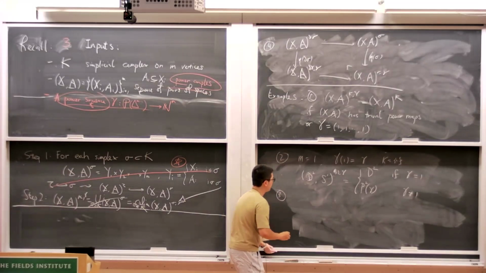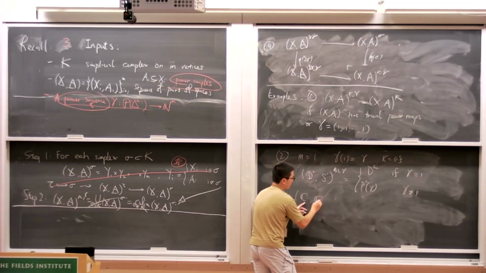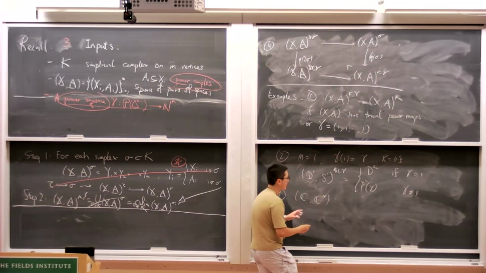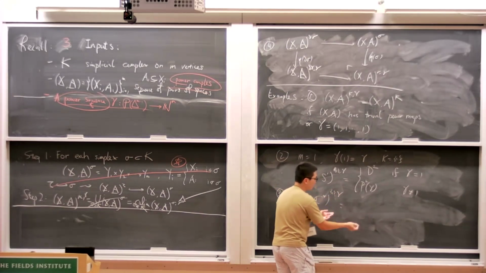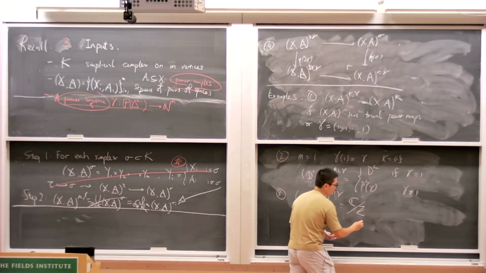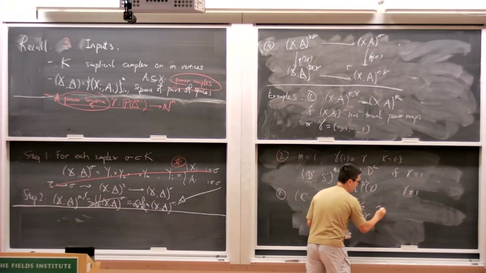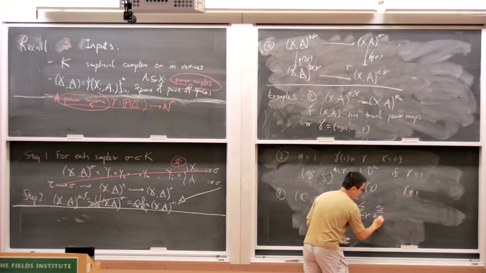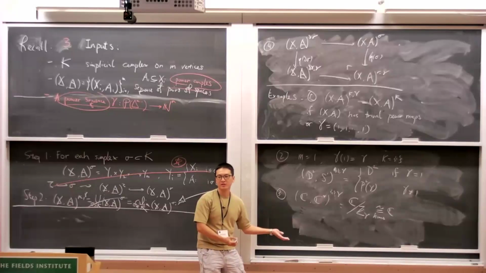But let's say if I look at the complex plane and the punctured complex plane C star, then you can show that this is just the complex plane quotient by the discrete group of order gamma, and homeomorphically, this is just the complex plane, which is contractible.